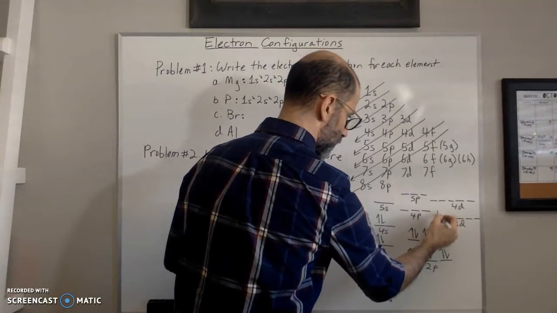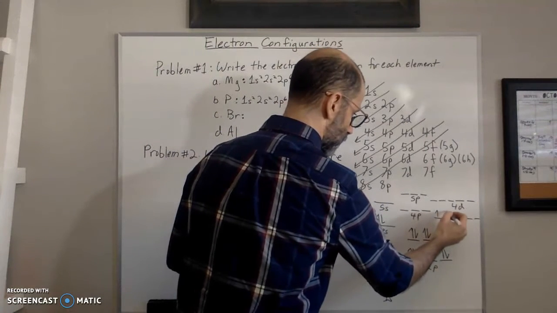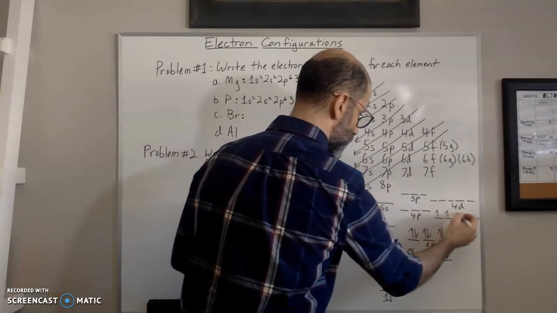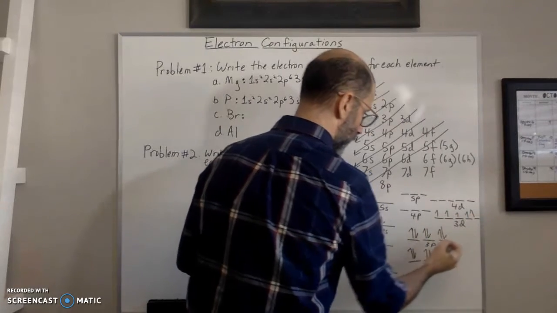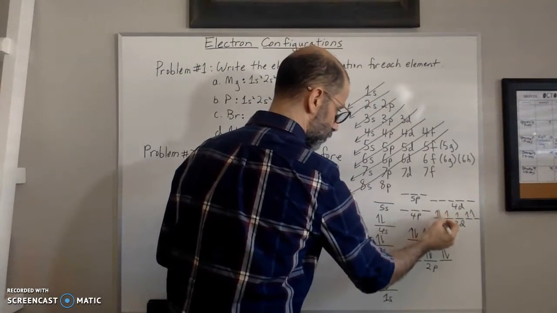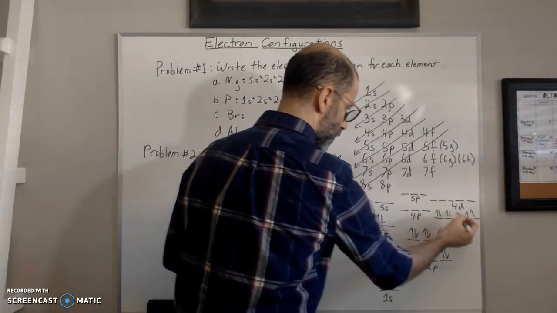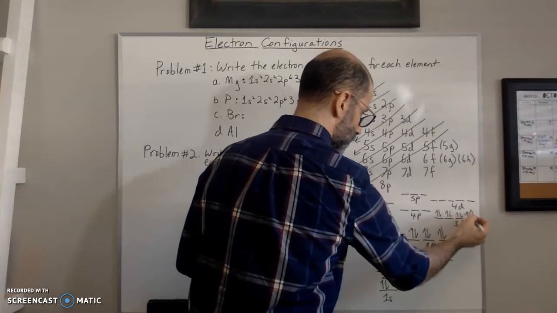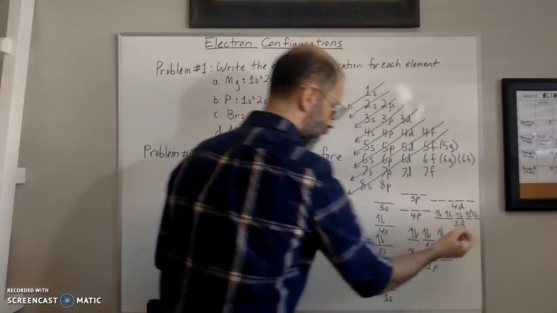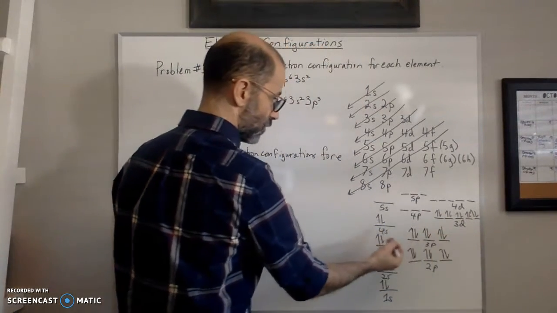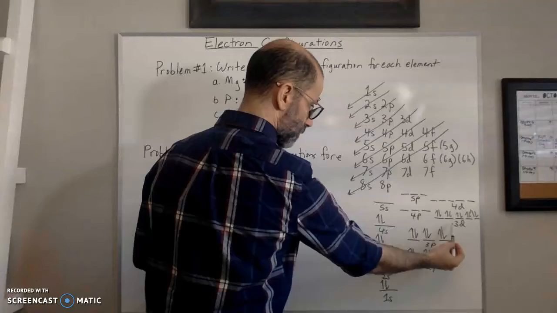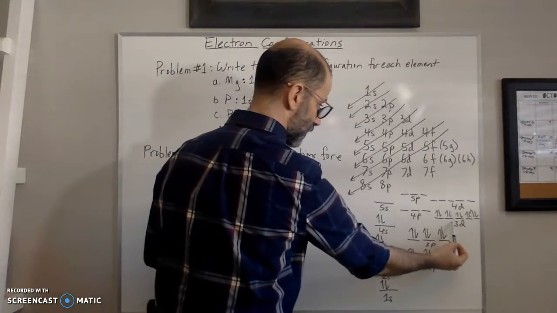So we're going to put electrons in here, 1, all spin up, same spin, 1 in each orbital. Okay, and then we got plenty left, so we're going to pair them up. So we're following Hund's rule again. So spin down, spin down. So I have 10 electrons total in there. So this was 20 plus 10 is 30.